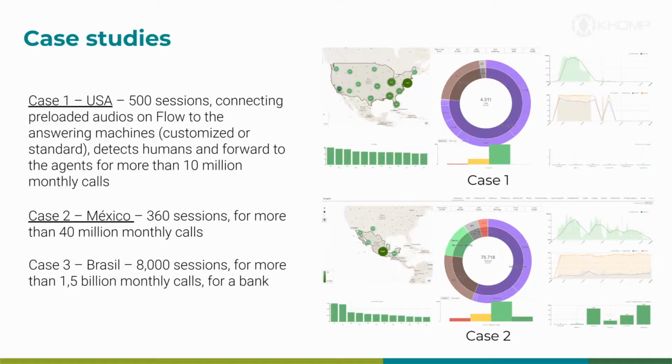So we have some case studies. We already have a lot of projects, dozens of projects, outside Brazil and in Brazil. The first case is in the United States, with 500 sessions connecting preloaded audios to the answering machines, and we detect humans and forward them to the agents, for more than 10 million calls monthly.